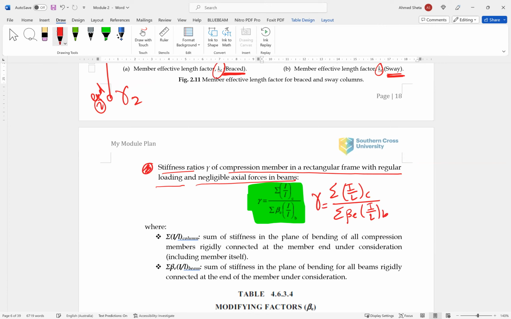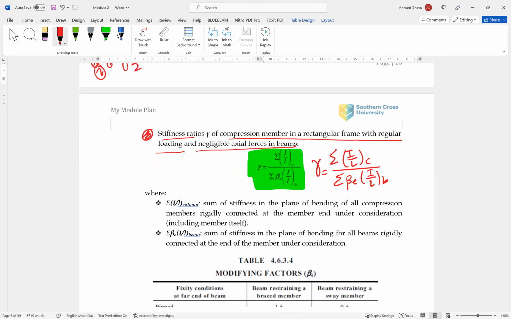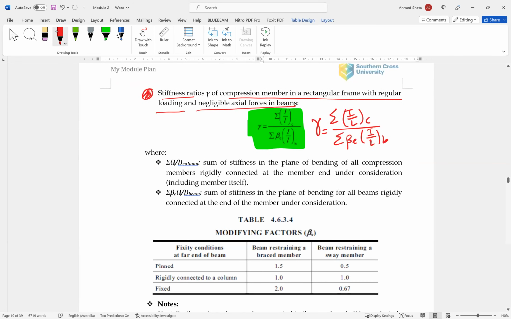So this is gamma. For each end, you need to do this calculation, where summation I over L is the summation of stiffness in the plane of bending of all compression members rigidly connected at the member end under consideration, including the member itself.